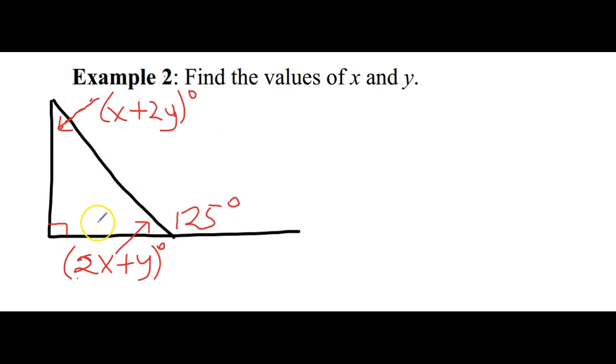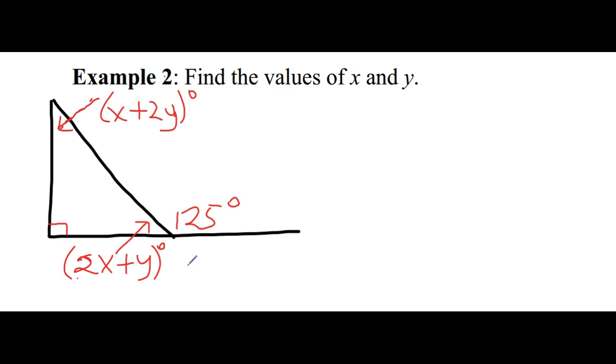Okay, so again, we use the exterior angle theorem, identify our exterior angle and our interior angles. So here, the interior angles are this, 90, and that. Our exterior angle is 125. So let's just write all we know and then see what we can make out of it.